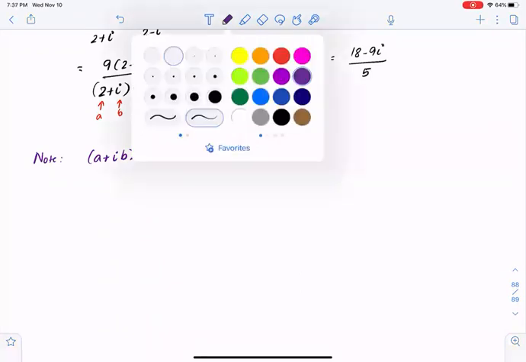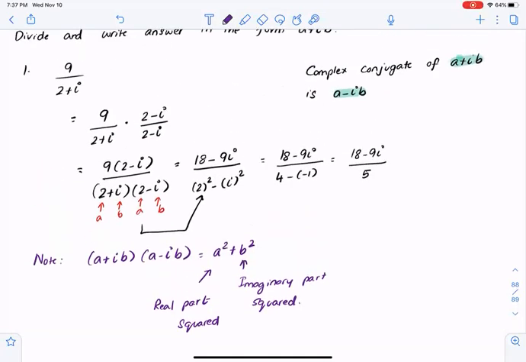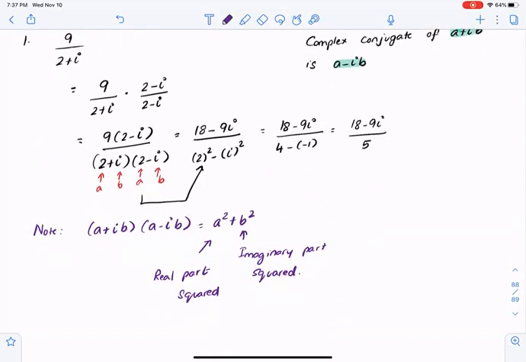In other words, you simply have to square the real part and add it to the square of the imaginary part. And that's exactly what I did up here. The real part of 2 plus i is 2. The imaginary part of 2 plus i is 1. So 2 squared plus 1 squared is 5.